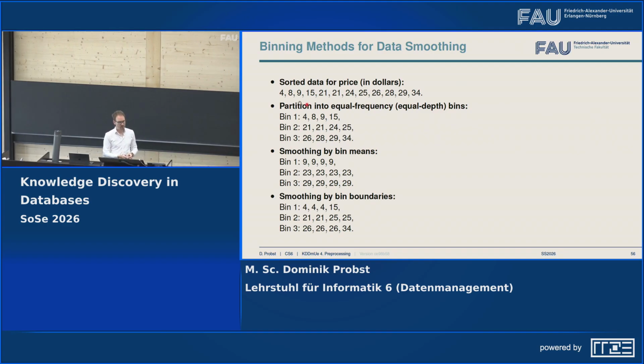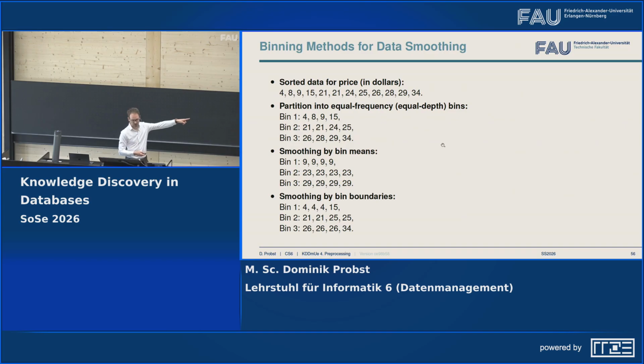So in bin 1 in here, we have 4, 8, 9, and 15 as original values, and we put everything to the bin mean of 9 after the bin data smoothing. Same for bin 2, where we put everything to a bin mean of 23, and same for bin 3, where we put everything to a bin mean of 29.